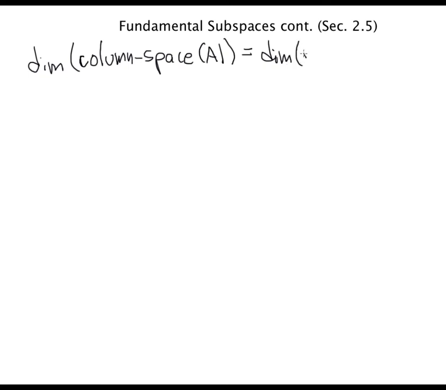And the version I'm going to use is the very last one. I'd like to explain why the dimension of the column space is equal to the dimension of this row space.